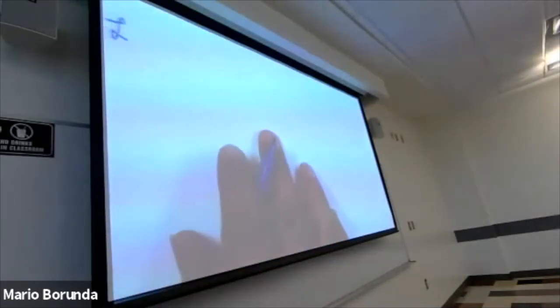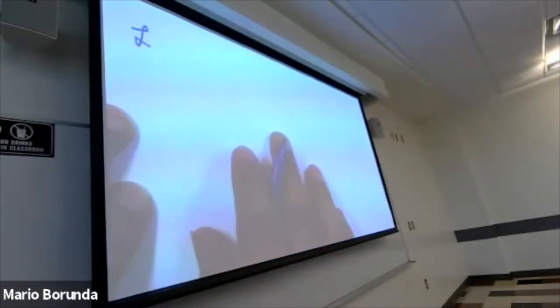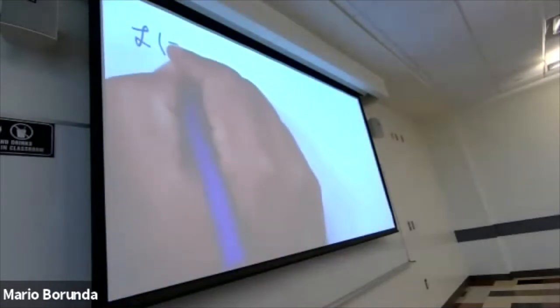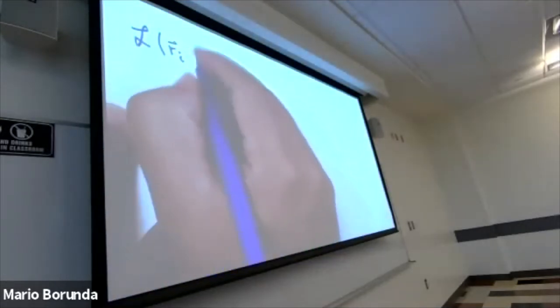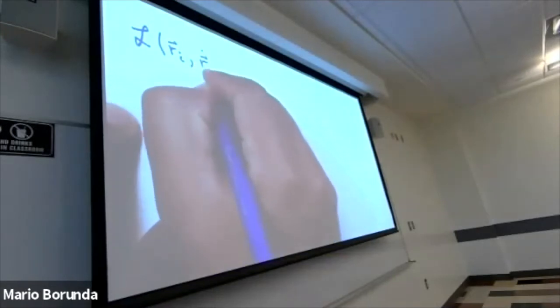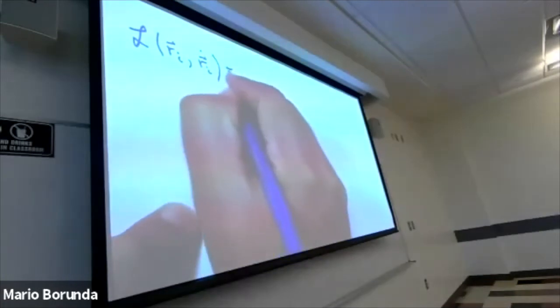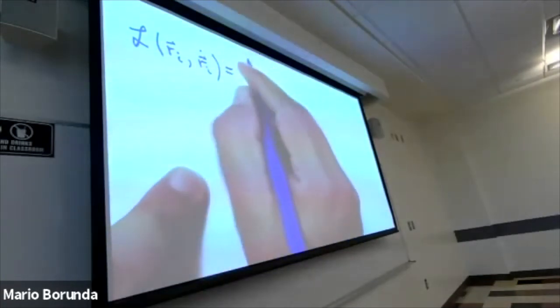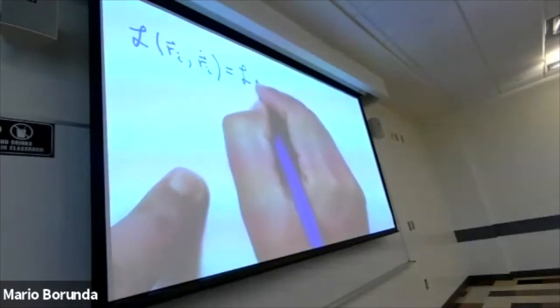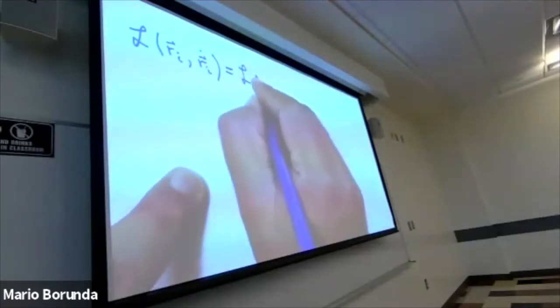For our conserved quantity, we make use of the theorem, and we can say that this guy and this guy are equal to, and then now we have the rotation.